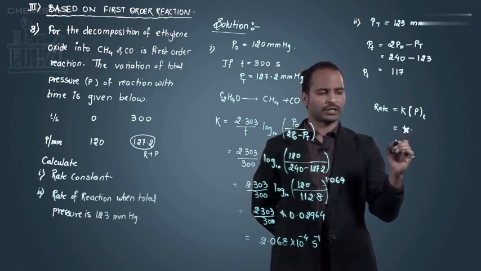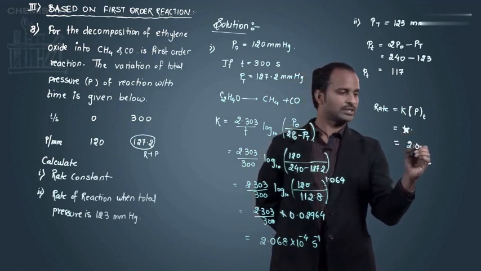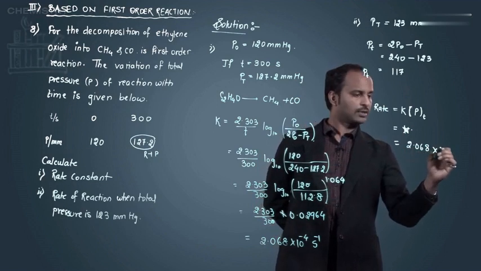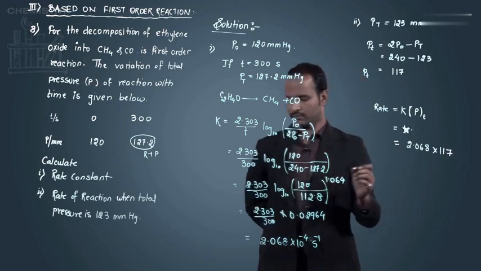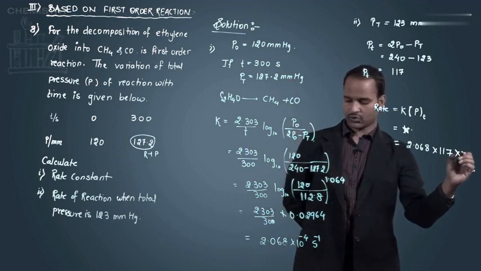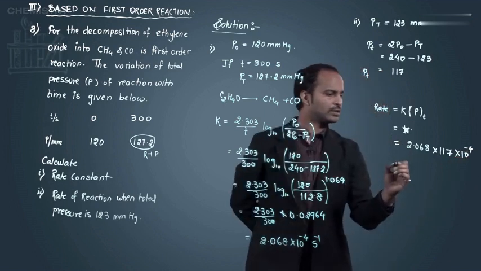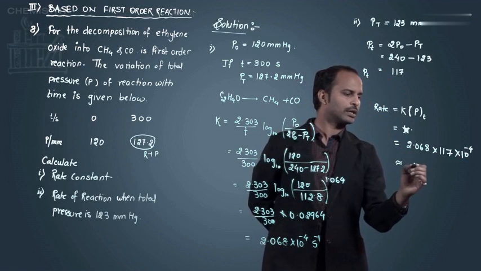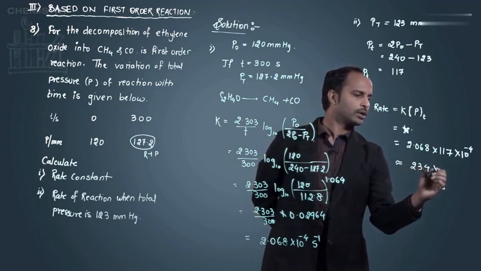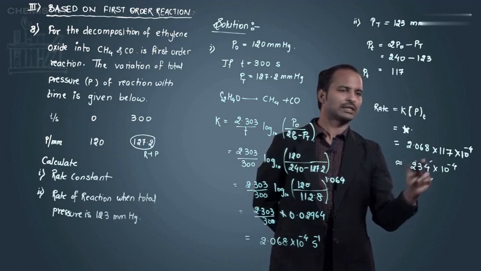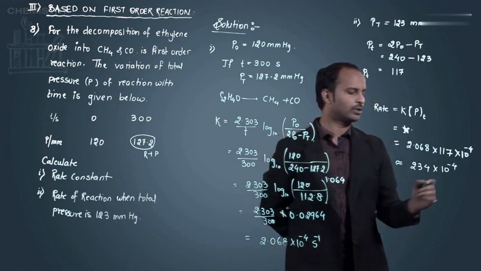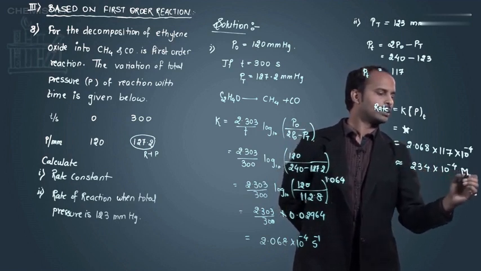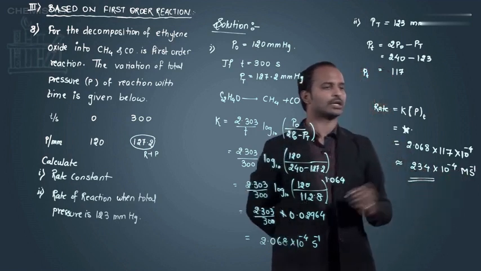The value of K we have, it is 2.068 into 10 raised to minus 4, into 117. This can be written approximately as 117 into 2, that is 234 into 10 raised to minus 4. Answer is going to be slightly greater than this. Approximately it is 234 into 10 raised to minus 4. What rate? So molar per second. So this is the rate of the reaction.